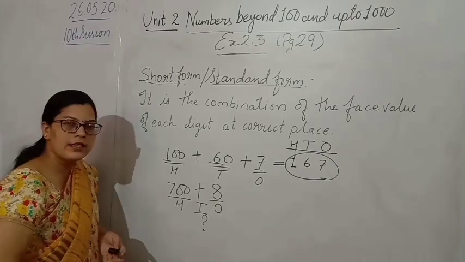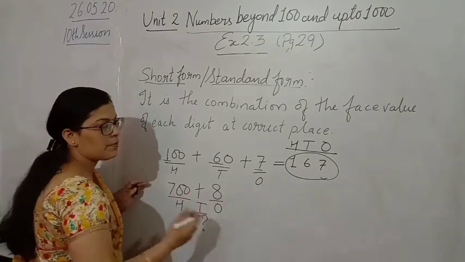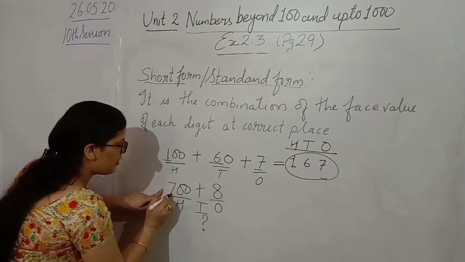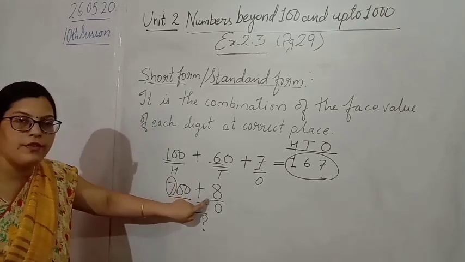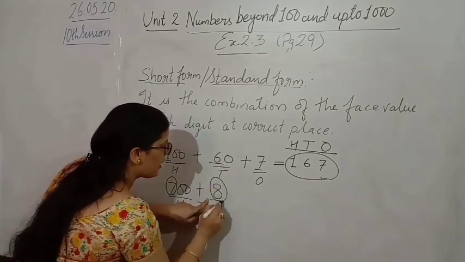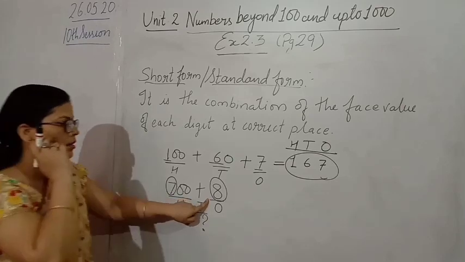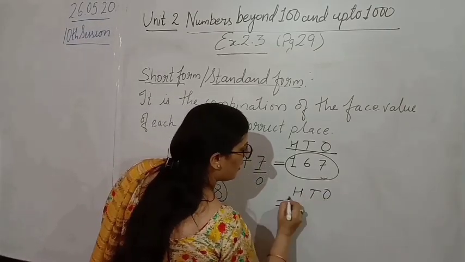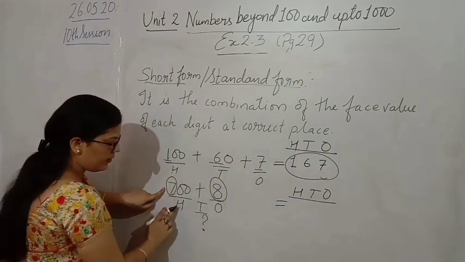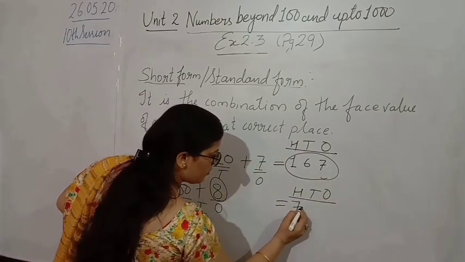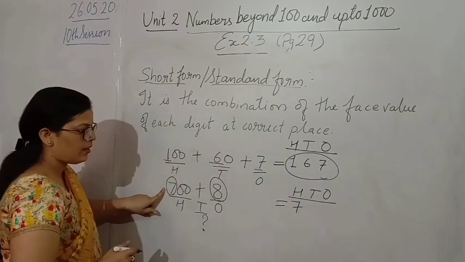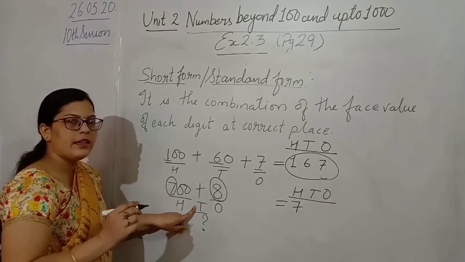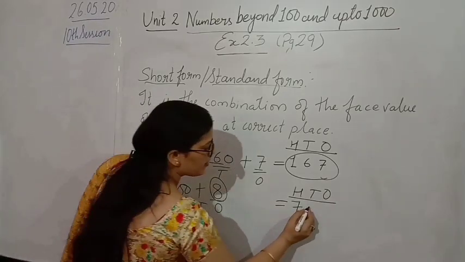So how will we write these digits at their correct places? Now see here, face value of this number is 7. Face value of ones place is 8. Now write these digits at ones, tens and hundreds. We'll write 7 at hundreds place, 700. Face value will be 7. Now tens place is not given here, that means at tens place we'll write 0.